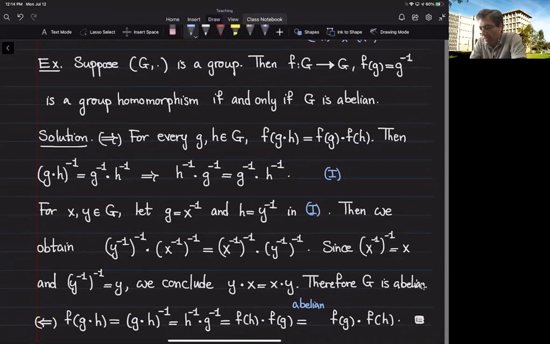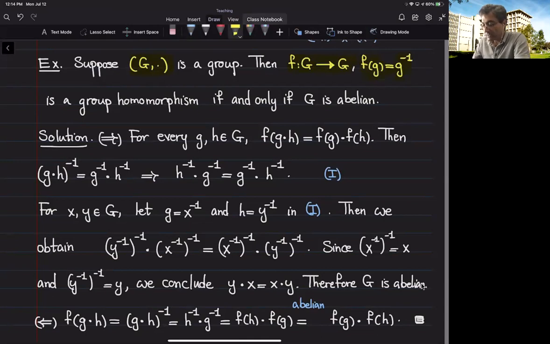Now, in the case of the ring of integers, we've seen that if I send x to its additive inverse, it's going to be a group homomorphism. Next, we are going to show that this phenomenon happens only for abelian groups. So suppose G is a group under multiplication, under the operation dot, and I give you a function f which sends every element to its multiplicative inverse.